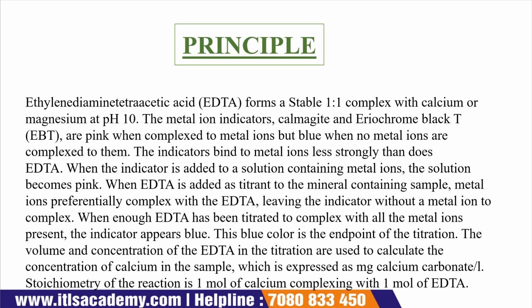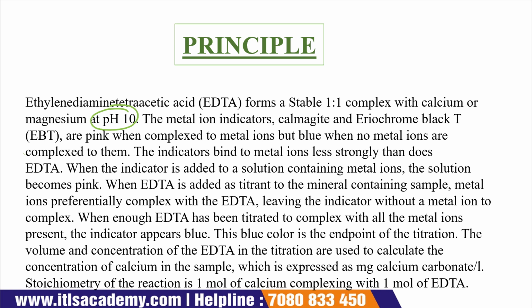Okay. Now the next one is the principle of this. So what is the principle? We all know that EDTA forms a stable 1:1 complex with calcium or magnesium at pH 10. When the pH is 10, EDTA, that is ethylene diamine tetraacetic acid, forms a complex with calcium and magnesium.